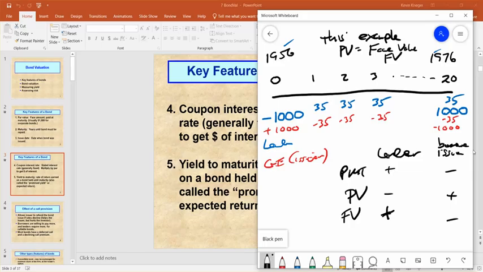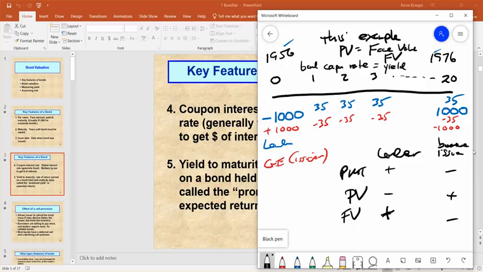The 1,000 equals the 1,000. That assumes that the bond coupon rate was issued to match the yield. And that's generally how this sort of thing works.